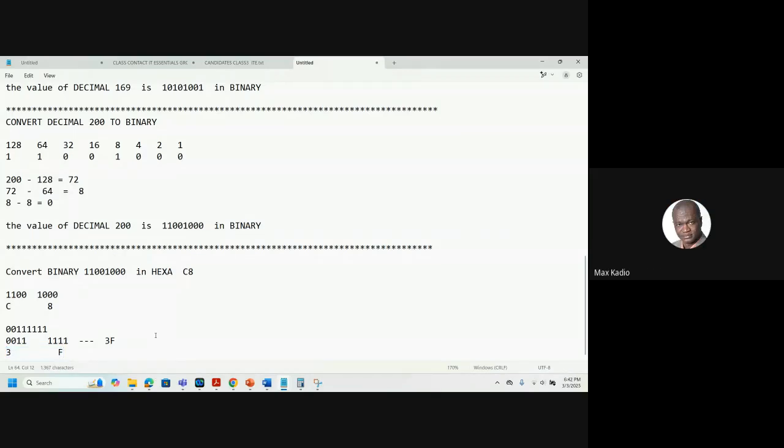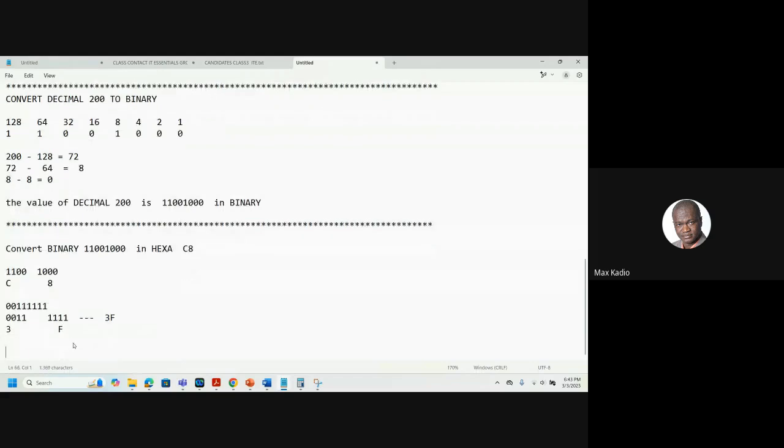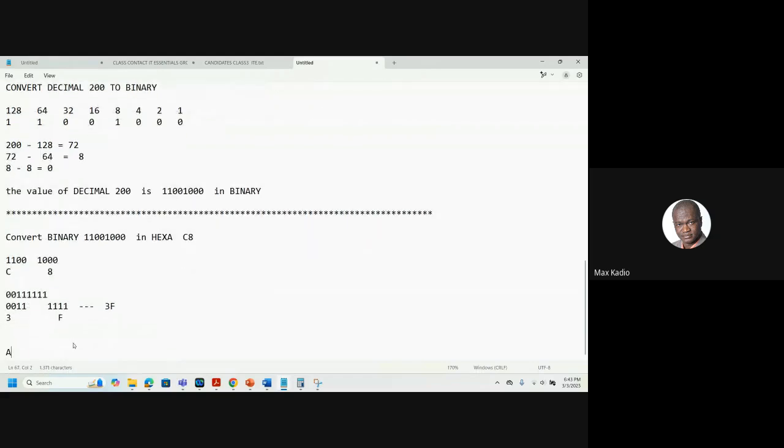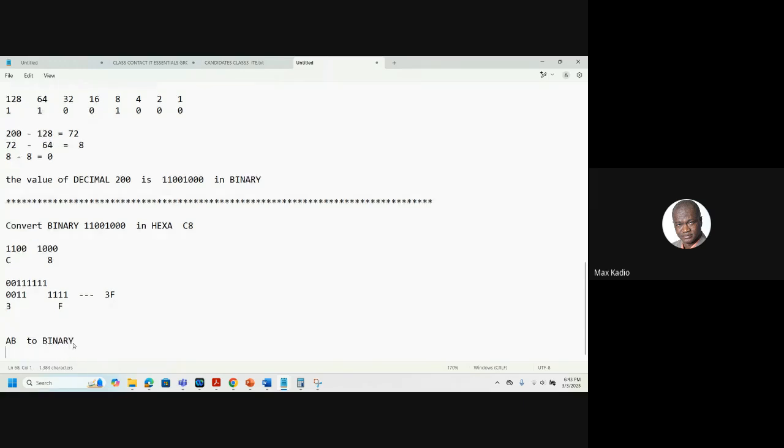It's the same thing. If I ask you to convert AB to decimal, it's very simple. Sorry, AB to binary. What is the value of A? What is the value of B?